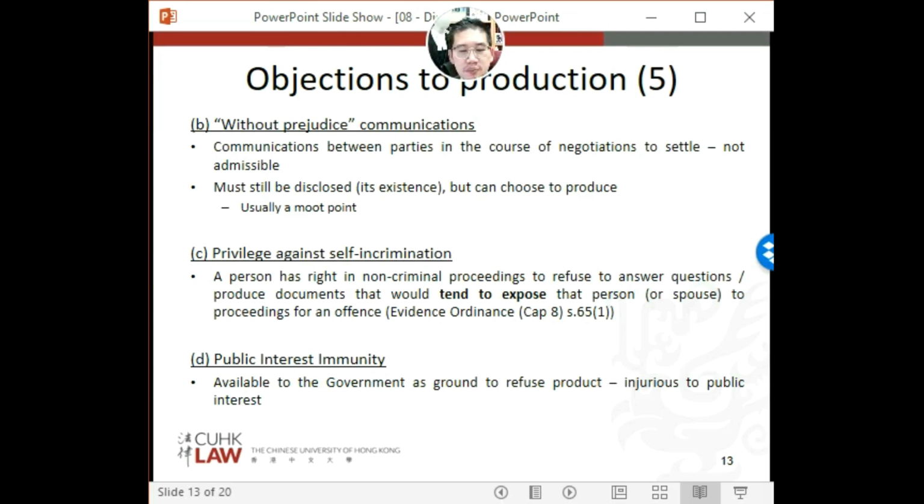Privilege against self-incrimination: if I have to produce this document and the contents may expose me or my spouse to criminal proceedings, then I can claim this privilege under the Evidence Ordinance. Or the government can claim PII against documents on public interest grounds. So, for example, internal police documents. These they would not want to show anyone.